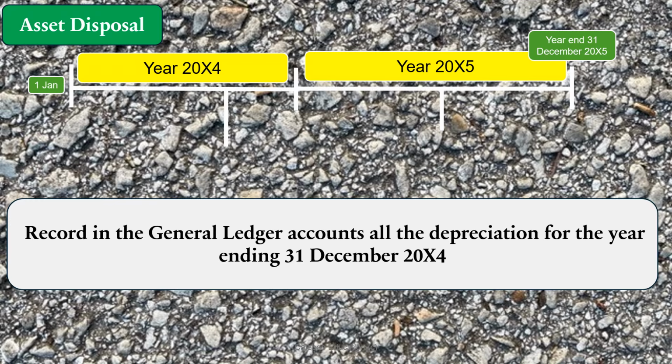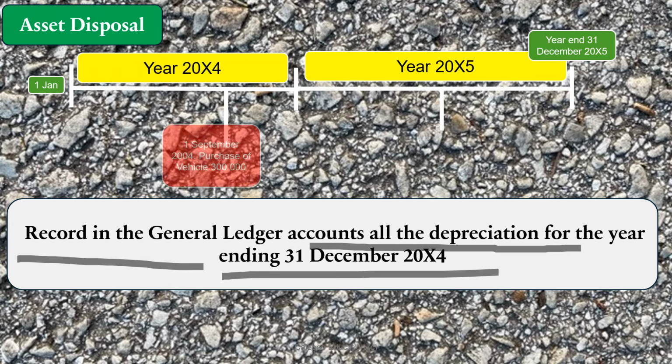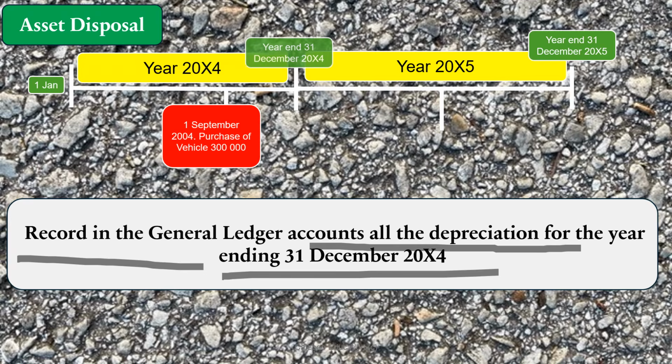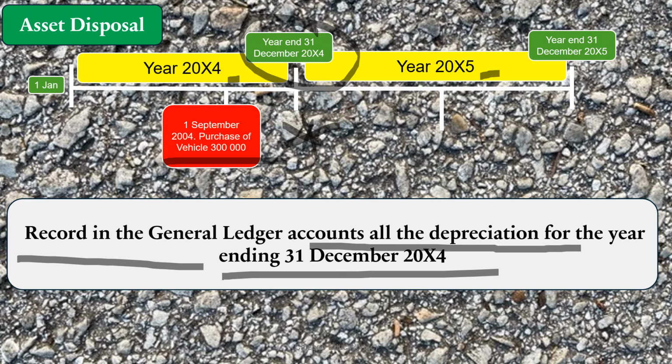So now record in the general ledger accounts all the depreciation for the year ended 2004. We recorded the purchase. Now the next step is to record the depreciation up until the end of the year. The question was record the depreciation at the end of 2004 and also the transactions for 2005.